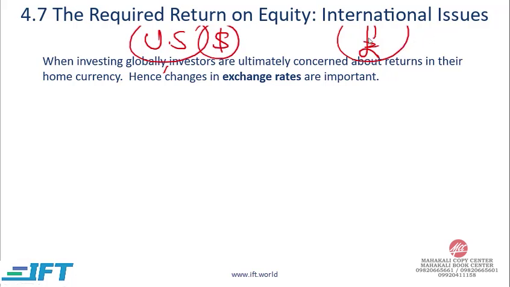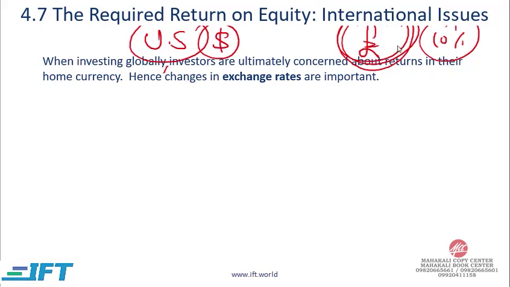So when this particular asset denominated in pounds performs well, let's say that the asset goes up by 10%, that is not enough. The investor is also concerned about how the currency exchange rate has changed.